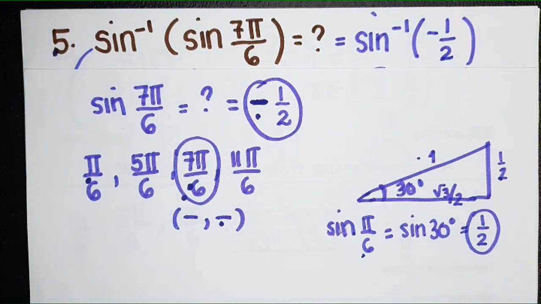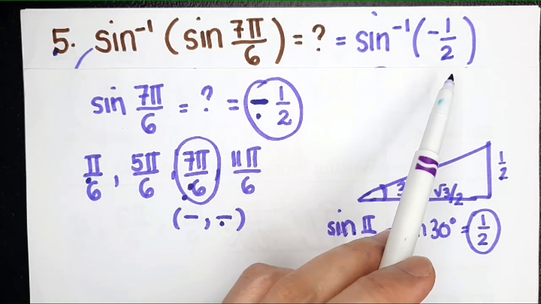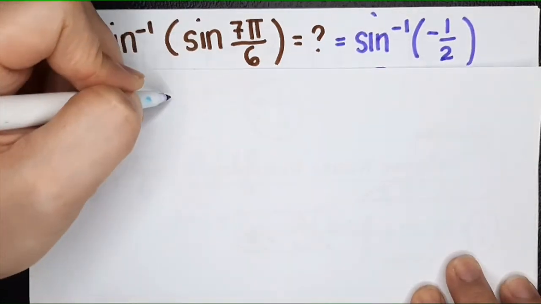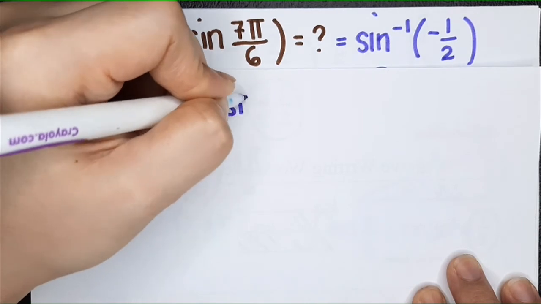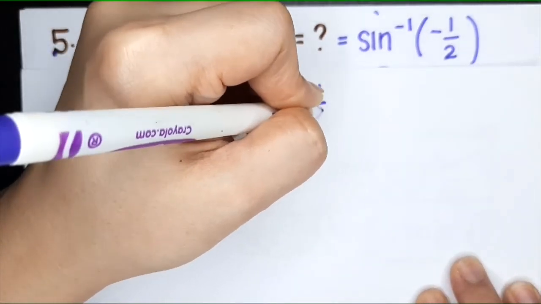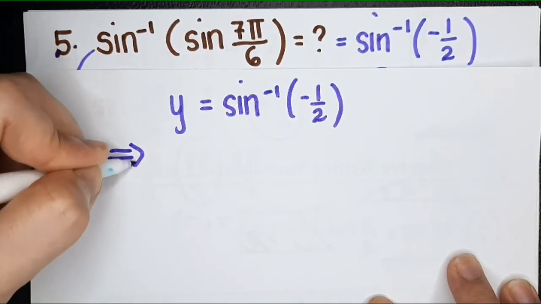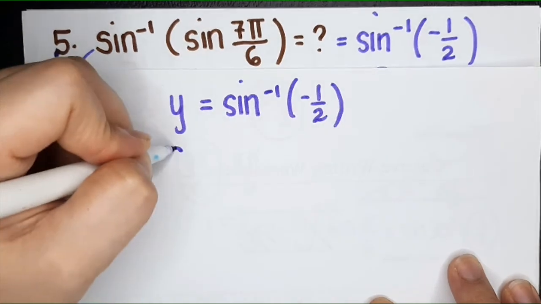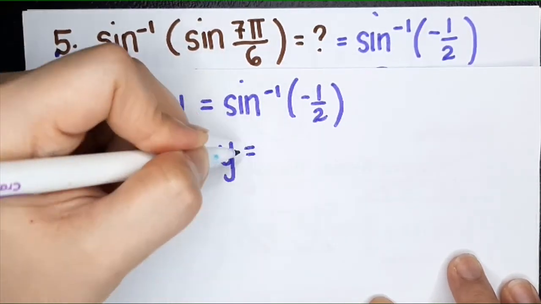So, hindi pa kayo tapos, right? So, ano naman ang value ng sine inverse of negative 1/2? So, again, yung kanina pa natin ginagawa, you let y be equal to sine inverse of negative 1/2. Okay? So, equivalently, we can write this as sine of y equals negative 1/2.